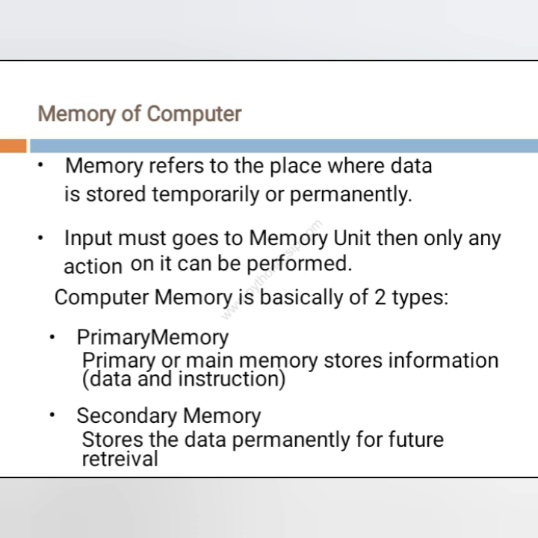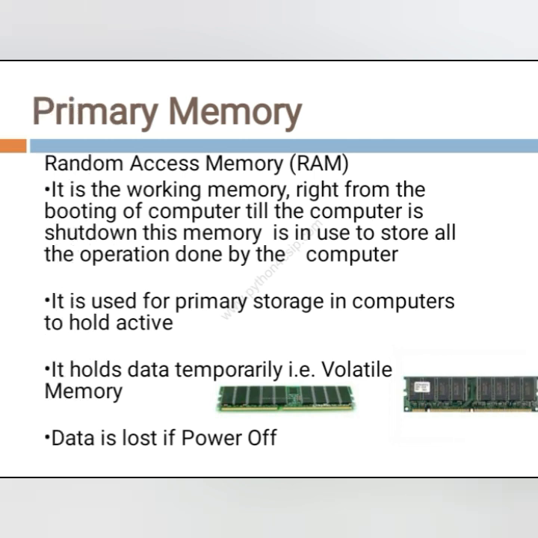Computer memory is basically of two types, primary memory and secondary memory. The functioning of primary memory is very important, and primary memory contains random access memory and read-only memory.